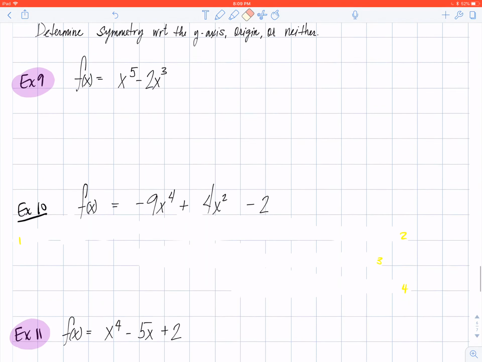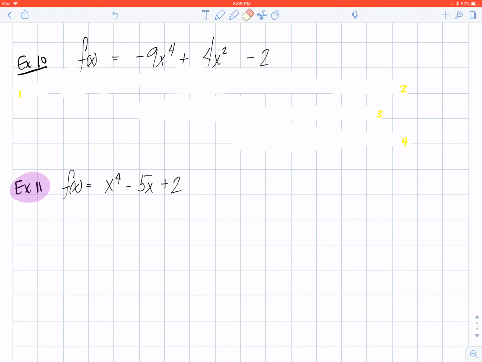If you take a look down at example number 10, I'm going to go through this one a little bit more quickly. So again, we take our first test, which says to take the original and compare that to f of negative x. So we're going to find f of negative x. Take all of your x's out, replace them with a negative x.